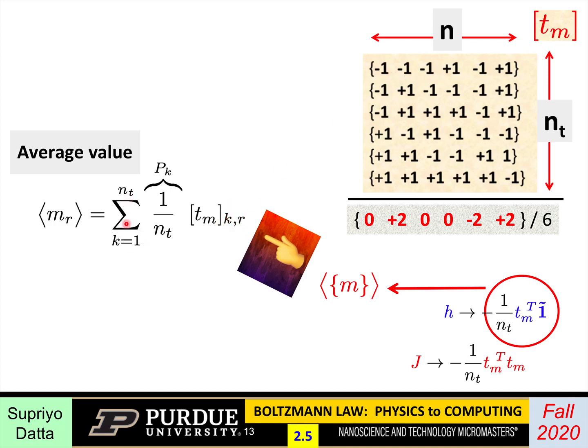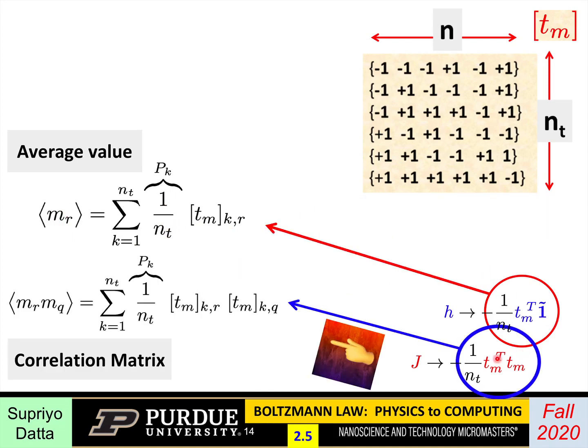Then you add them all up, and then you have this multiplication by 1 over nt, which you could view as the probability of getting a particular configuration. Remember, the picture we have is that we have designed it such that you've got only 6 peaks of equal probability, so each one has a probability of 1/6, for example. So mathematically, this quantity can be written this way, and you can interpret it as the average value.